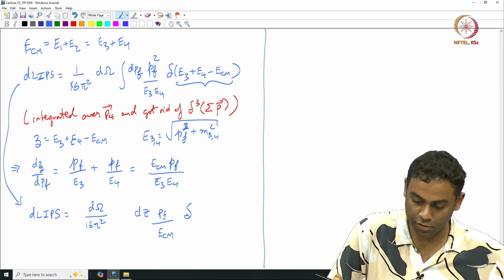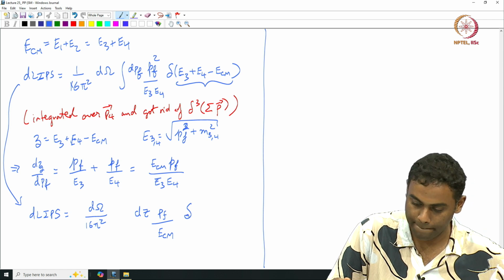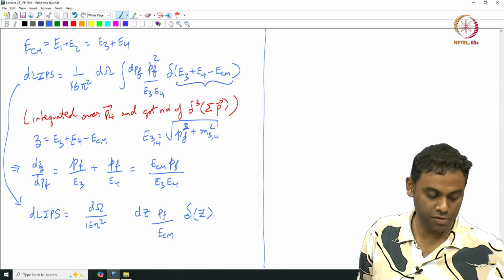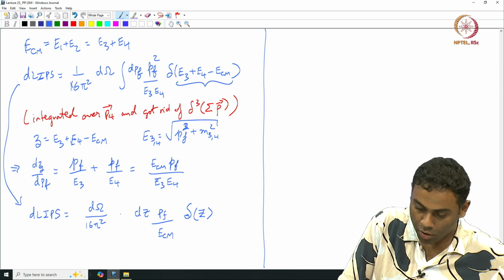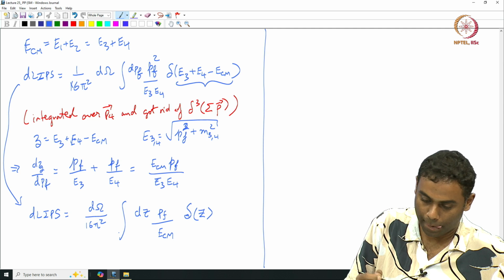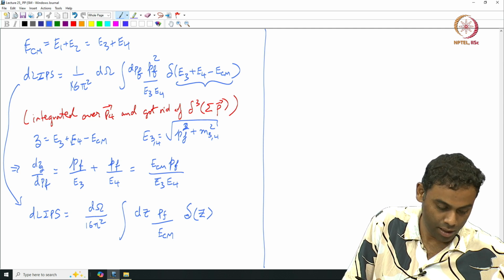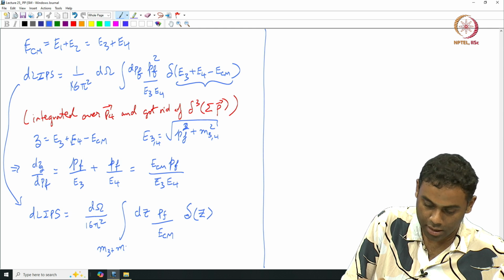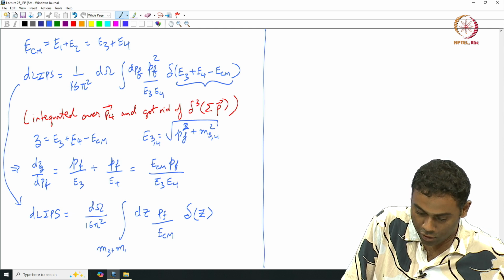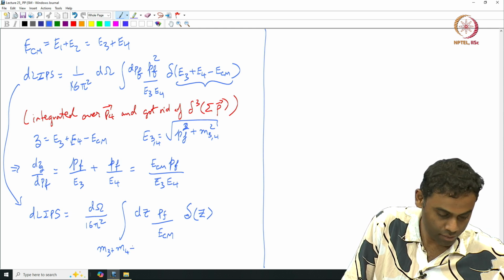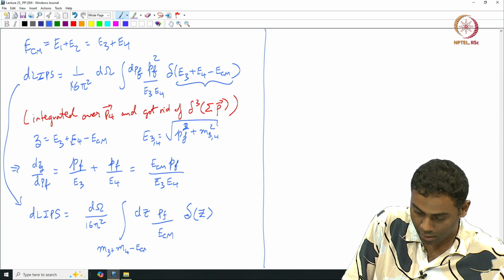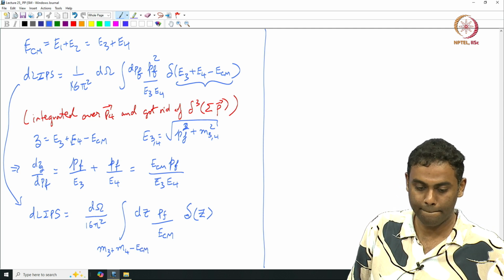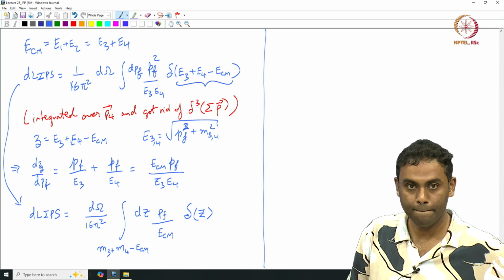It is implicitly a function of z, that we know now, right. And the delta is a delta of z now, but the important thing is the limits have changed, right. I need to make sure that my center of mass energy is larger than m3 plus m4, right.